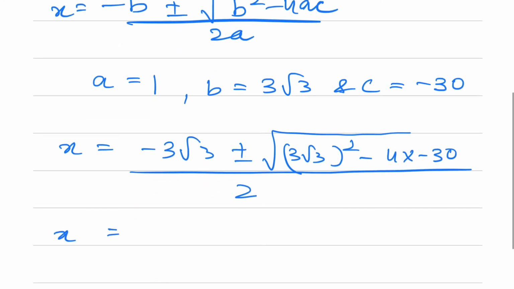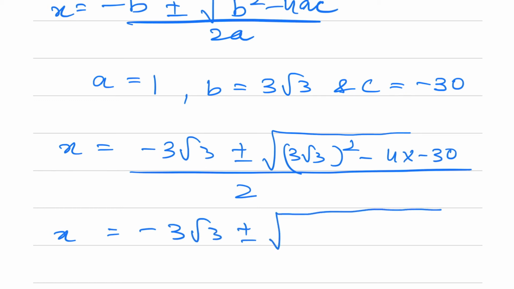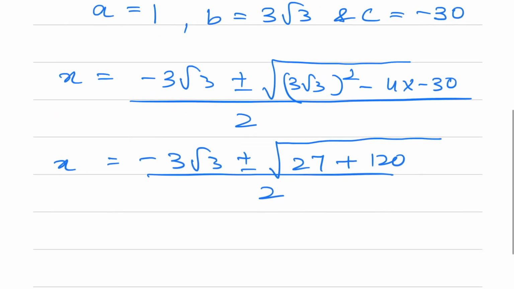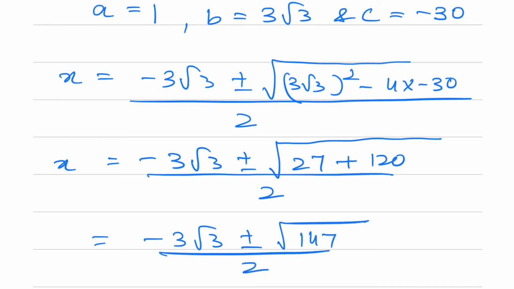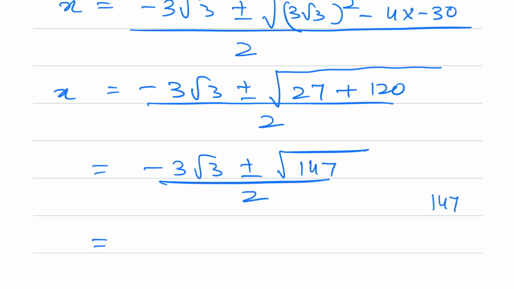So x is equal to minus 3 root 3 plus minus square root of, this becomes 9 3 27 plus 120 by 2. So we have minus 3 root 3 plus minus square root of 147 by 2. 147 factors, so 7 21 7 3.